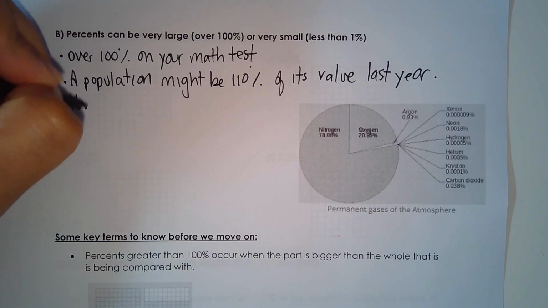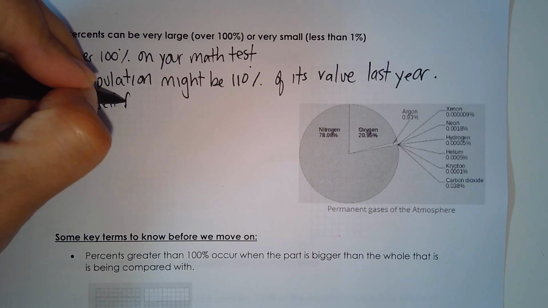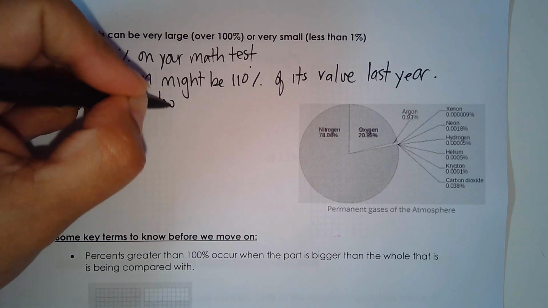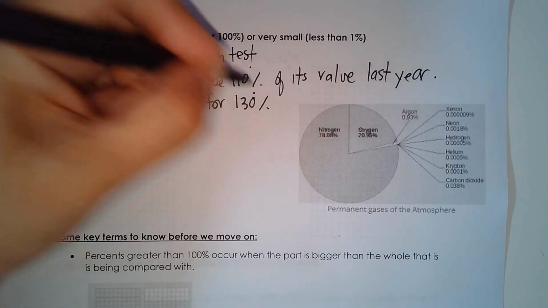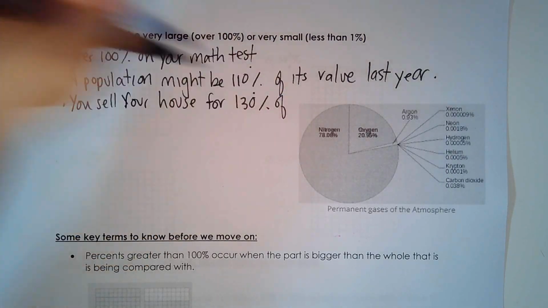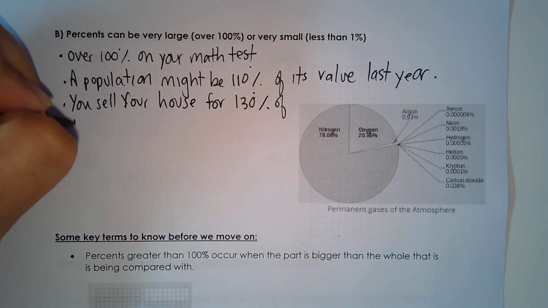You sell your house for 130% of what you originally paid for it.